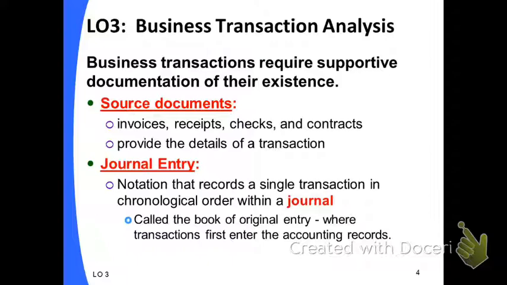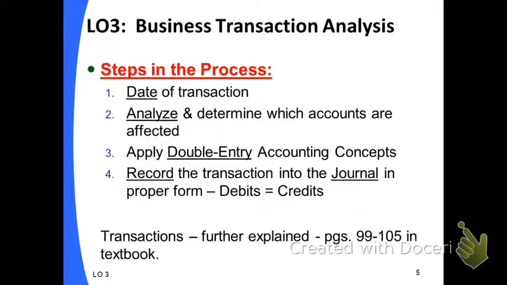The journal entry is simply a recording of a single transaction in chronological order in the journal, and the journal is called the Book of Original Entry. It is where transactions first enter the accounting records.